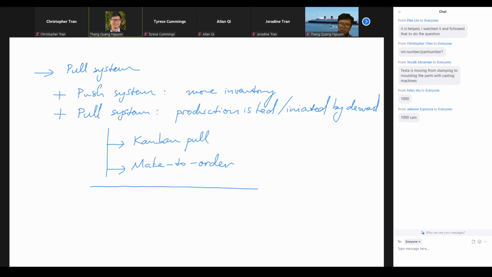So in a production process like this, normally the Kanban pull will be in the early part of it, where you have to carry enough bolts and nuts and other essential parts. So Kanban pull normally happens here. And the make to order will happen here.